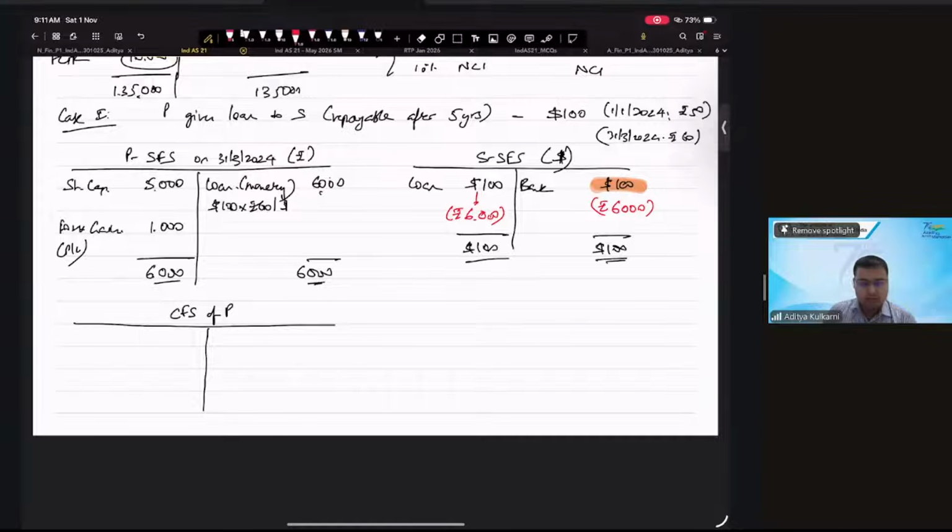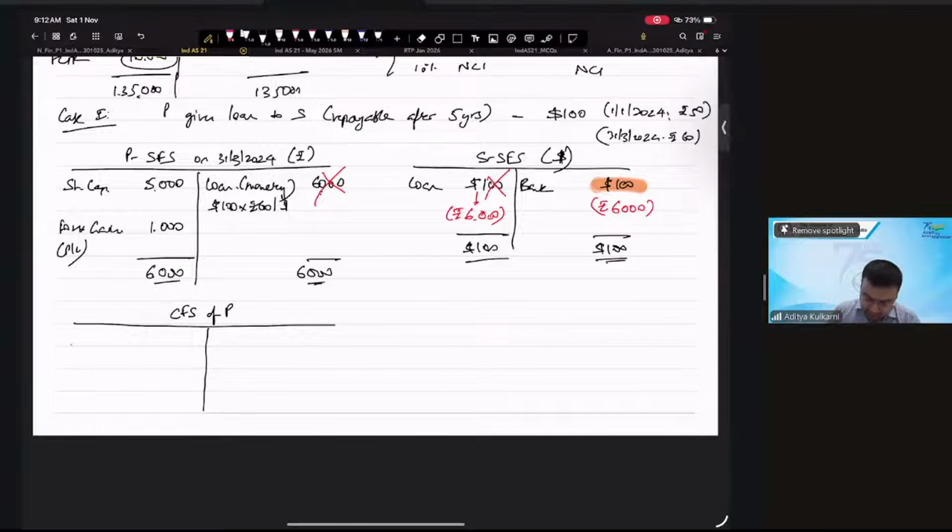This 6,000 will knock off this 6,000 because it is an asset for the parent and a liability for the subsidiary. So when I consolidate, asset and liability will cancel out each other. Yes or no? Yes. All right, so this and this will get knocked out.